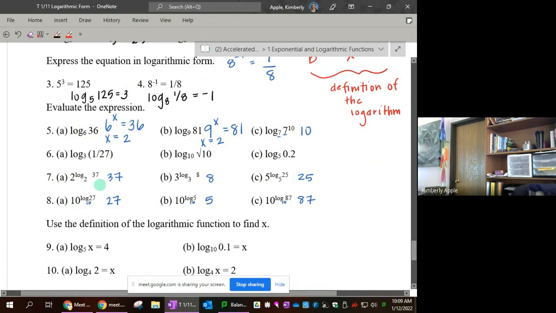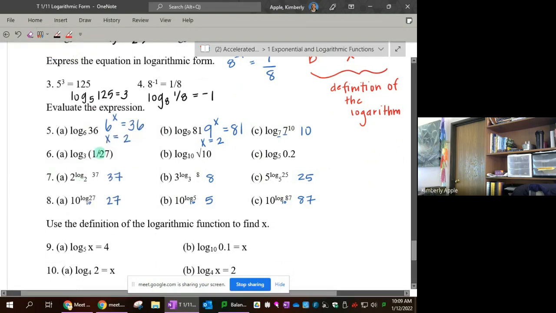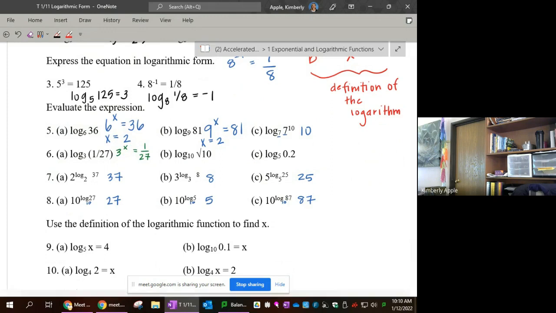All right. 6 is a little more difficult. So 6a, let's use the exponential form first. I'm going to use a different color so it doesn't run together. So this would be 3 to some unknown power equals 1 over 27. So the first question I'm going to ask myself here is what power of 3 is just plain old 27?